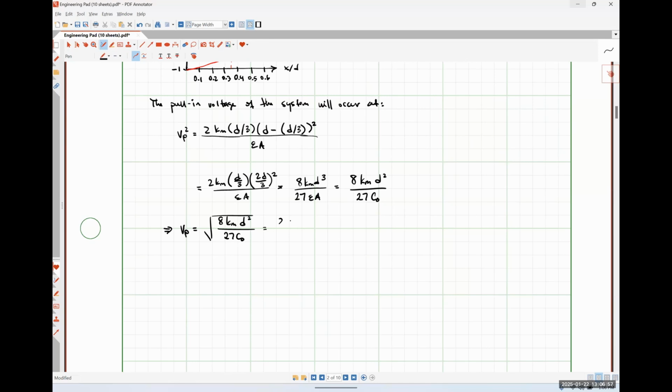I have it written in my notes just for what it's worth as 2D over 3 times the square root of Km over 1.5 C naught. Yeah, I think I would have recognized it slightly better if I had put it like that. But anyway. Okay, so that is our pull-in voltage.